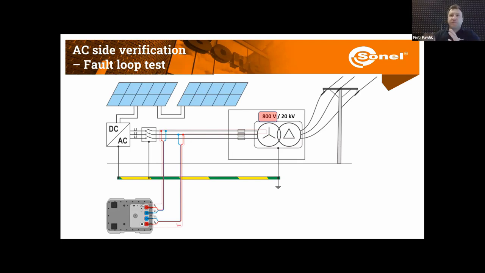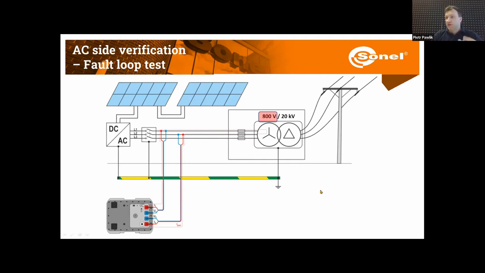For example, when I'm checking the fault loop in a building on a certain floor, my transformer is below on the ground, so there's a lot of cables in the walls with a certain resistance, and that will give us a bigger value. Now, in case of photovoltaic installations, this part may be shorter, with lower resistance. There will be less resistance in these cables, right? And that's why we need a really precise meter.